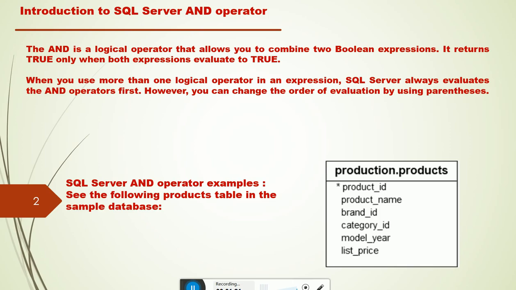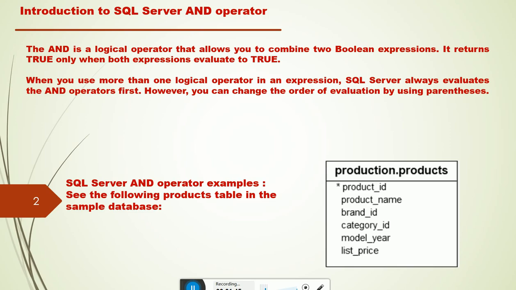Meaning if you retrieve information from the table on the basis of multiple criteria, in the case of two criteria, if both conditions are true, then your result or expression will be true.